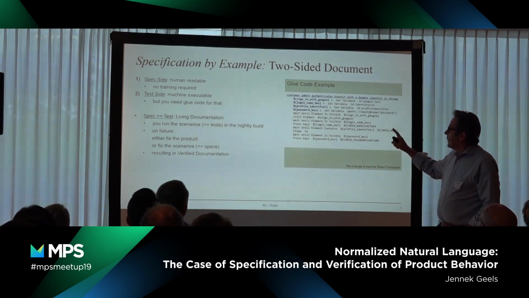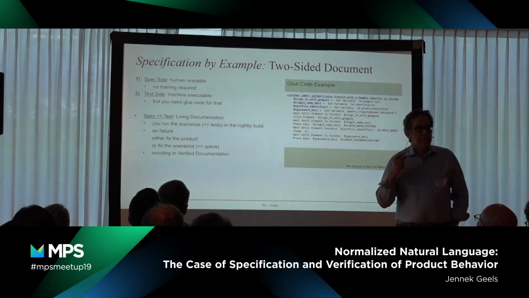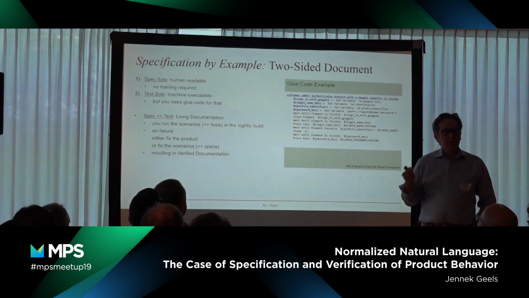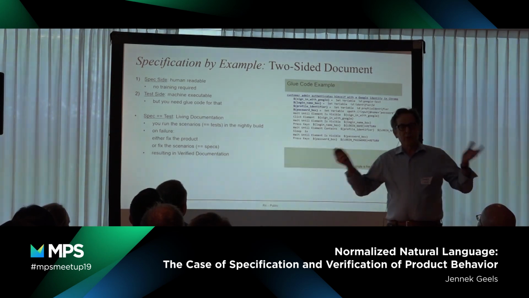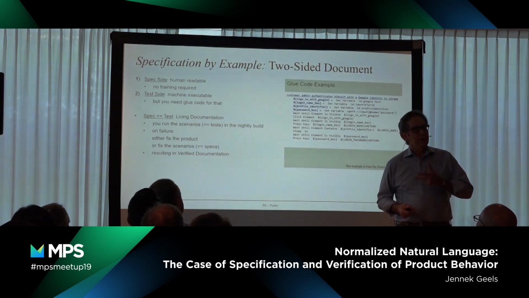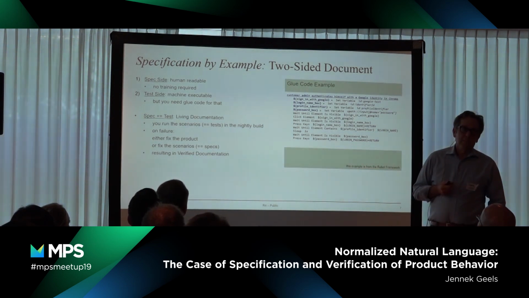And the other strong point is it's a two-sided text. People can read it. Non-technical stakeholders, like I call them the product people, like product planner, product manager, interaction designer, workflow architect, they can relate to that text.